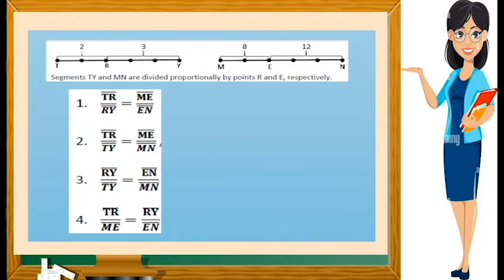Let's try to find out the proportionality of these segments. TR is to RY as segment ME is to segment EN. Okay.